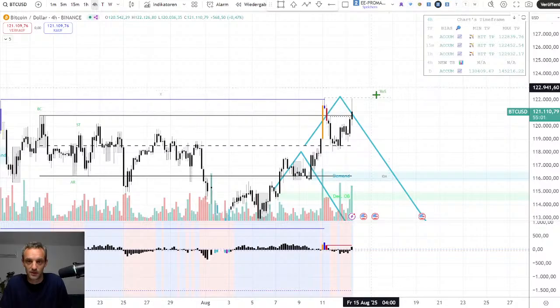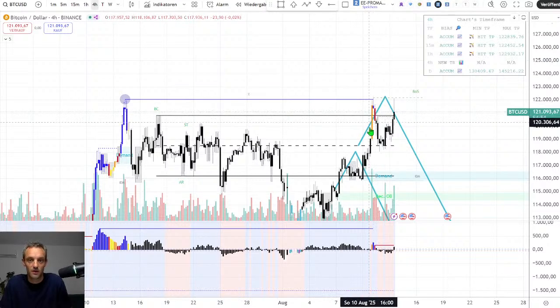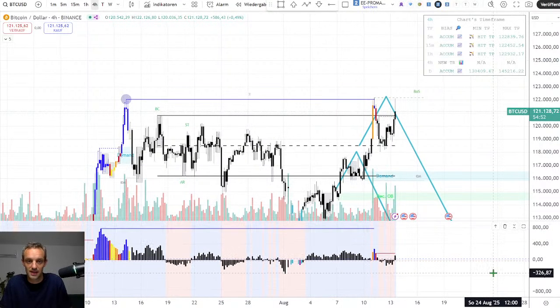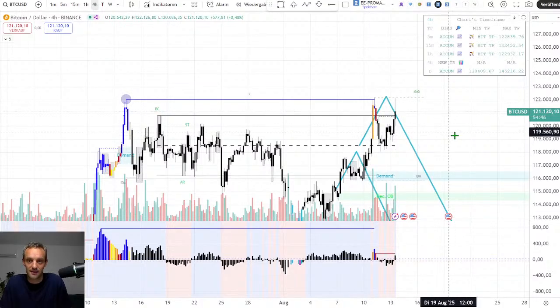Break of structure, you can see this here with new all-time highs. Also some buying there on the 4-hour chart, but much less than before. So, from my point of view, this is it.